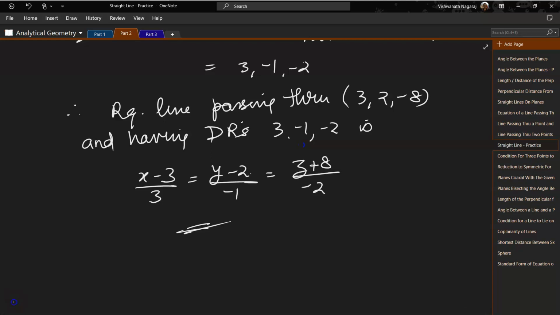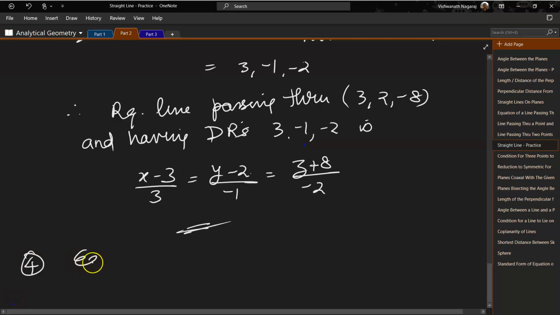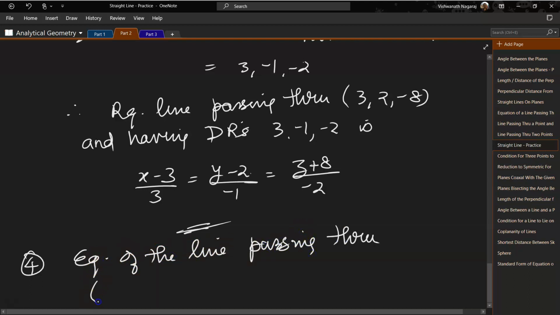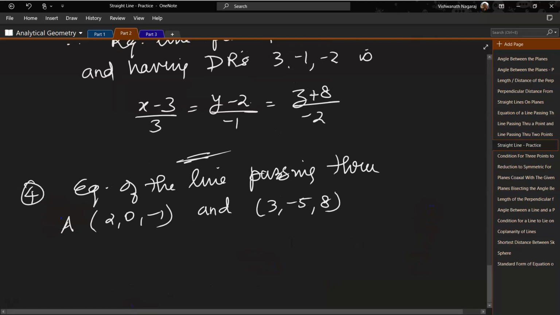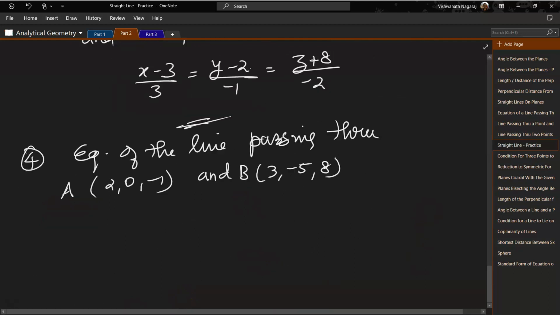Okay, let's look at the next problem, the fourth one. We have to figure out the equation of the line passing through two points, 2, 0, minus 1 and 3, minus 5, 8. Let us say this is A and this is B, or we can also say these are x1, y1, z1 and x2, y2, z2.